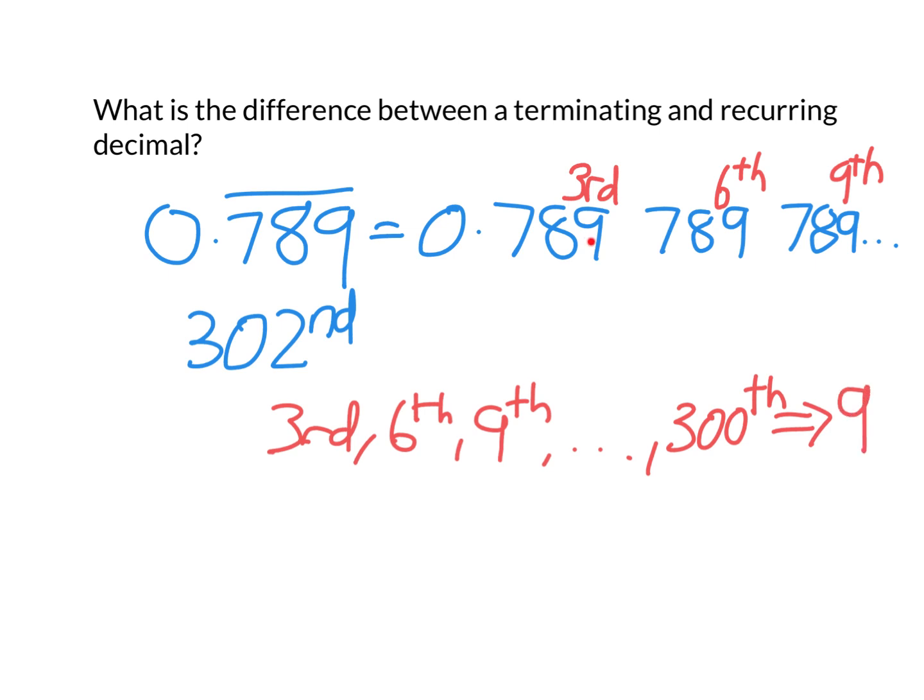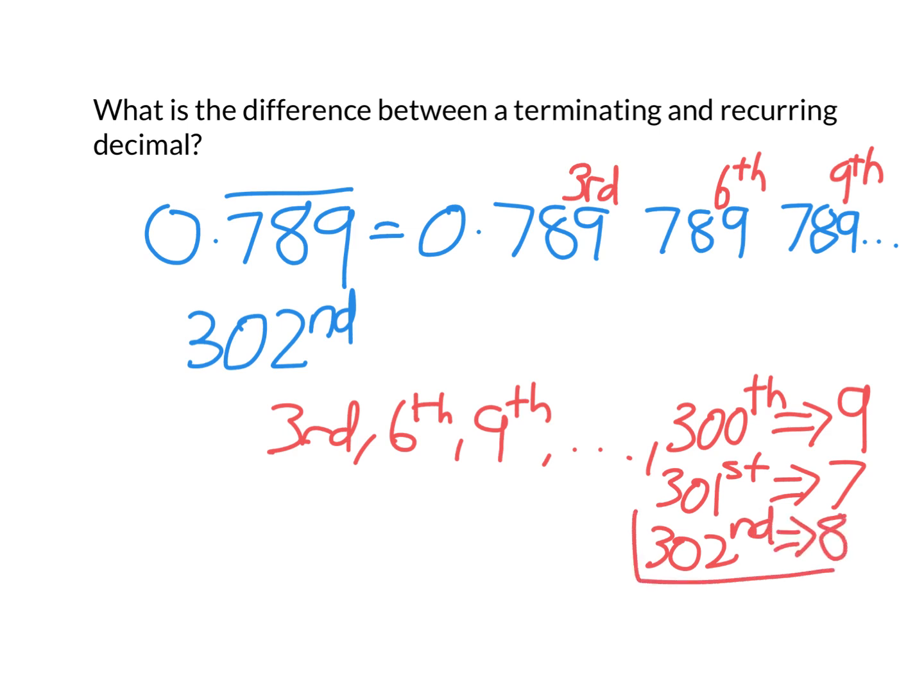So after 9 is always 7. So the 301st digit after the decimal place will be 7, and after 7 there's always an 8 in this expansion. So the 302nd digit after the decimal place is 8. We were able to calculate that pretty easily, but it isn't the case for a number like pi.